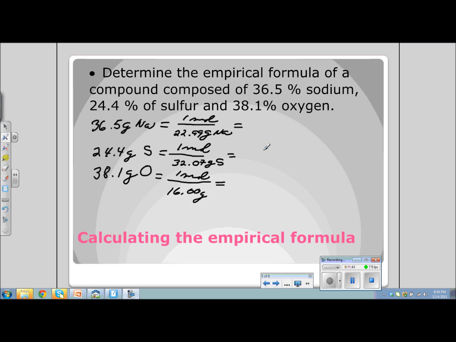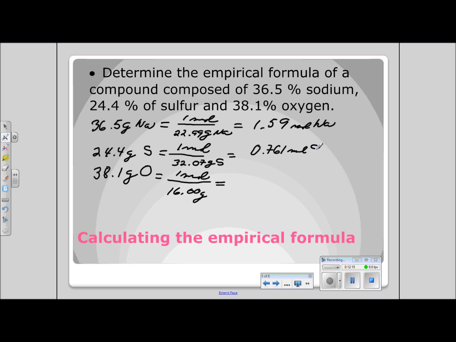All right, so when we carry out this operation, our answer is 1.59 moles of Na. And I hope you have worked these out yourselves. The answer is 0.761 moles of sulfur.